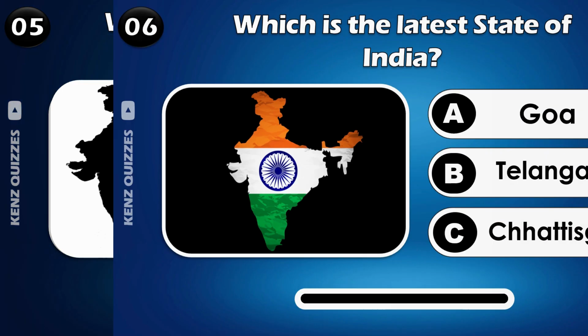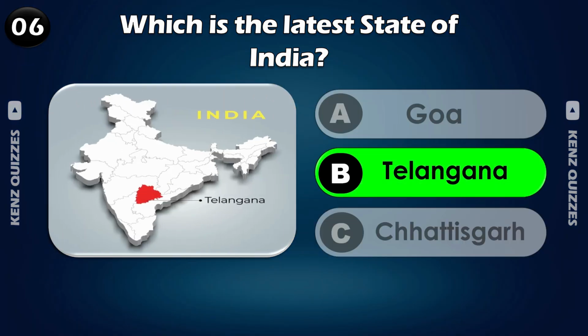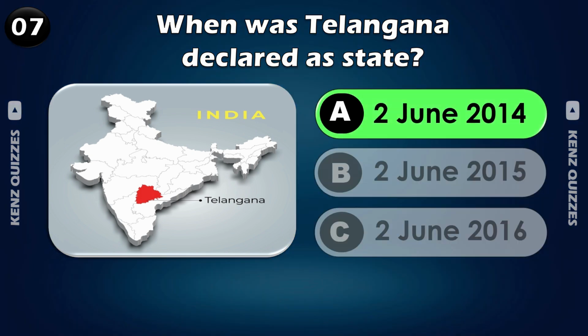Which is the latest state of India? Telangana. When was Telangana declared as a state? June 2, 2014.